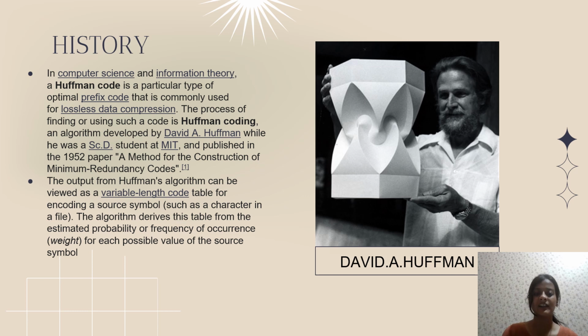In computer science and information theory, a Huffman code is a particular type of optimal prefix code that is commonly used for lossless data compression. The process of finding or using such a code is Huffman coding, an algorithm developed by David A. Huffman while he was a ScD student at MIT and published in the 1952 paper, A Method for the Construction of Minimum Redundancy Codes.